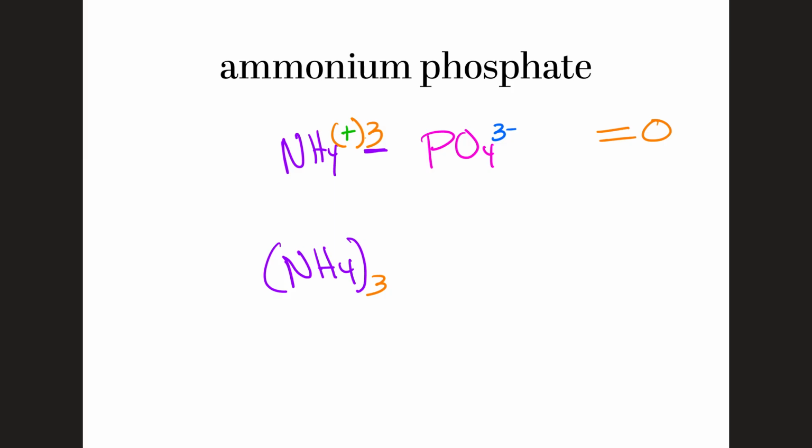So we can now bring our phosphate down, PO4. Since we only have 1 phosphate, we don't need any subscripts or parentheses. So we have (NH4)3PO4. That's the chemical formula for ammonium phosphate.